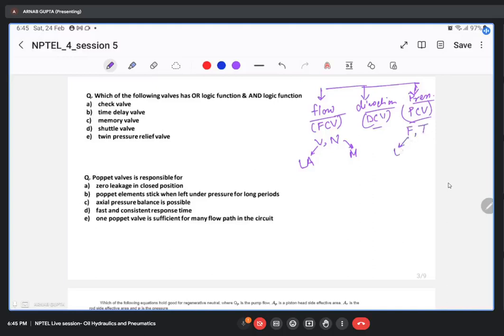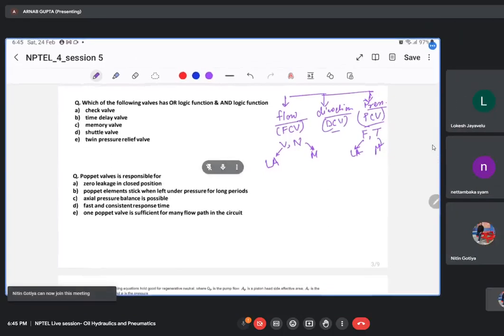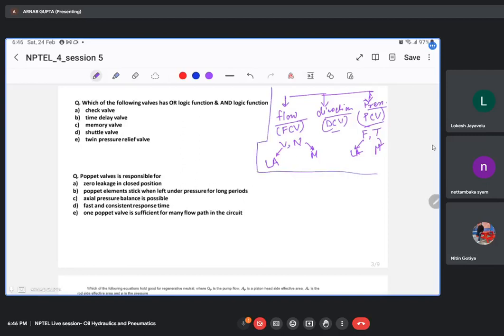Actuation force in case of linear actuators, actuation torque in case of motors. These are the broad classification of valves.